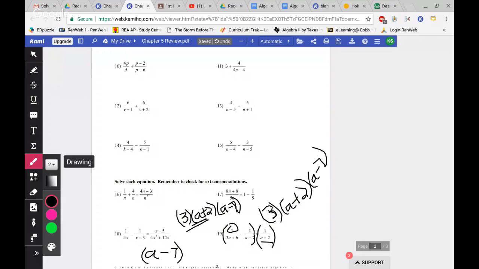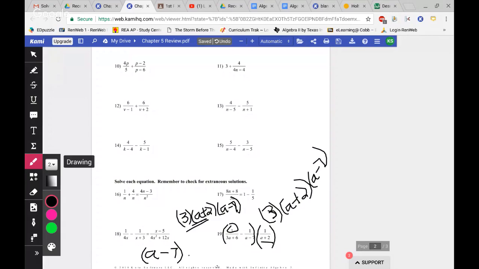Once again, I have a tendency to always keep my things in parentheses, particularly when there's a subtraction, because I want to make sure that all of my distributions happen properly, because that's where some common mistakes can be made.